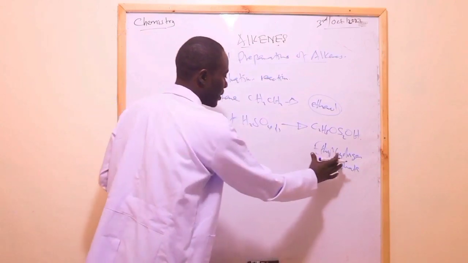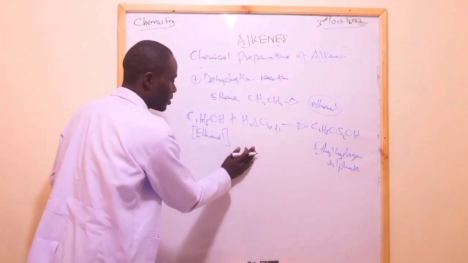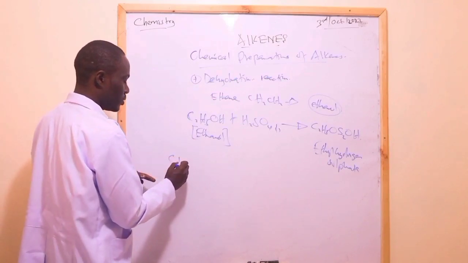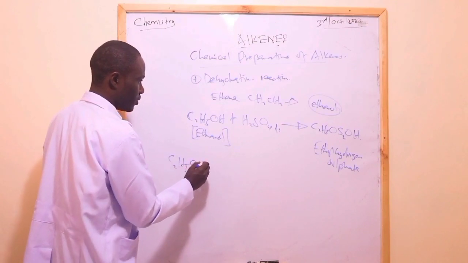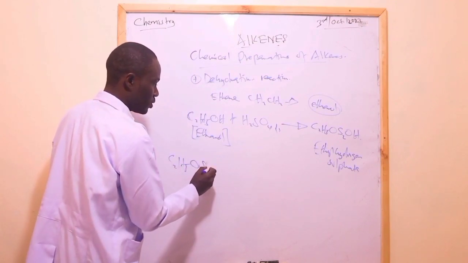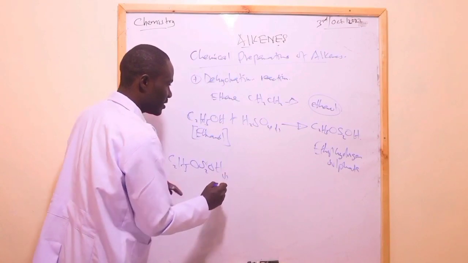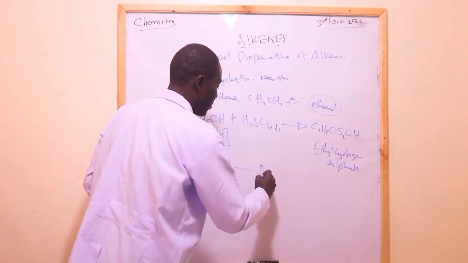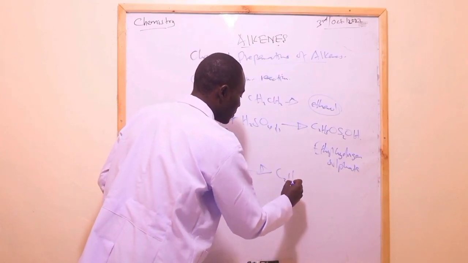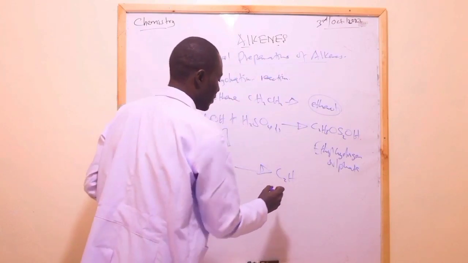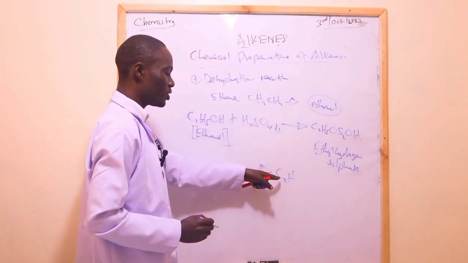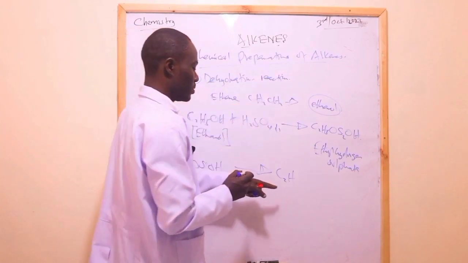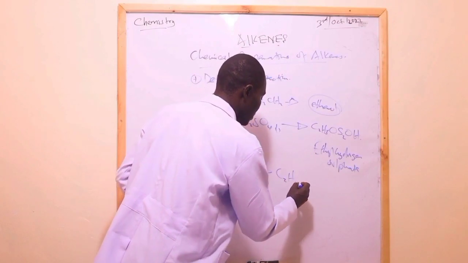When you continue heating this one, C2H5OSO2OH in liquid state forms ethene, that is C2H4, same as CH2=CH2.